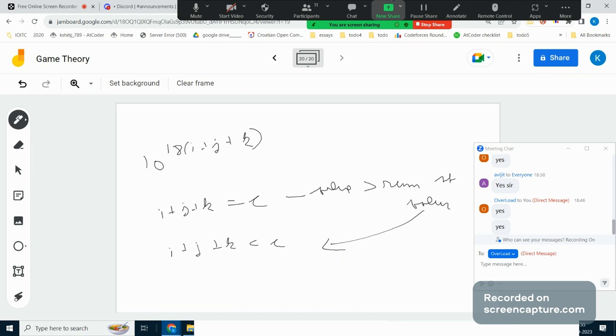This is because 10 to the power 18 is multiplied every time for each increase in the sum, and the vertices are at most 10 to the power 5. So it's always optimal to take a vertex with bigger weight than all the vertices with smaller weight than that. Did everyone get this part?